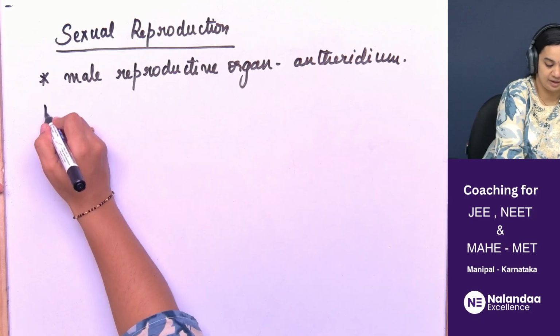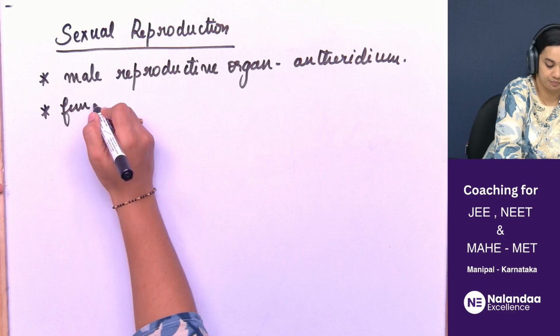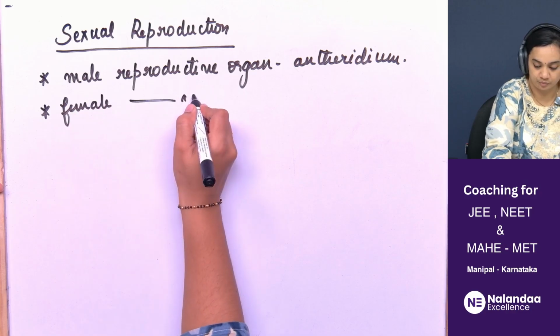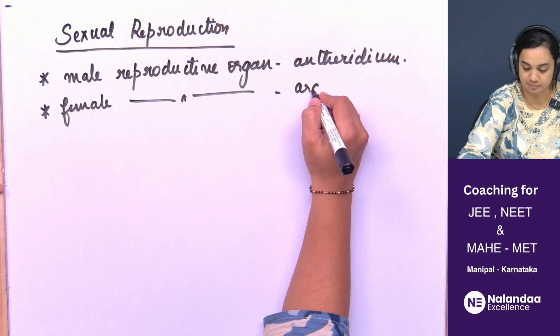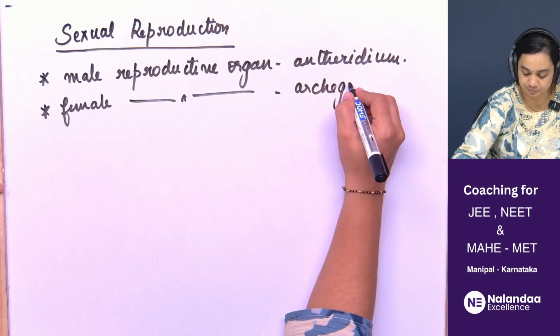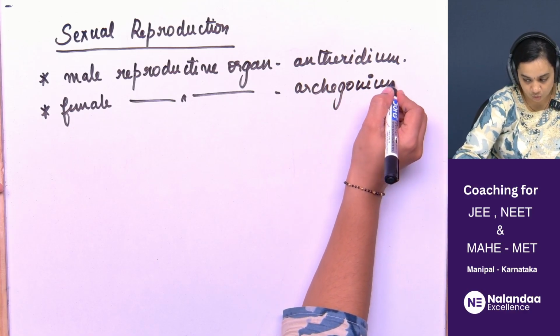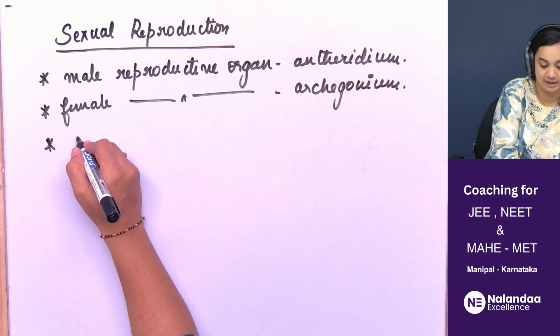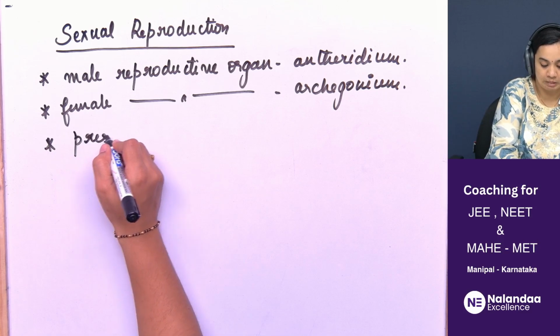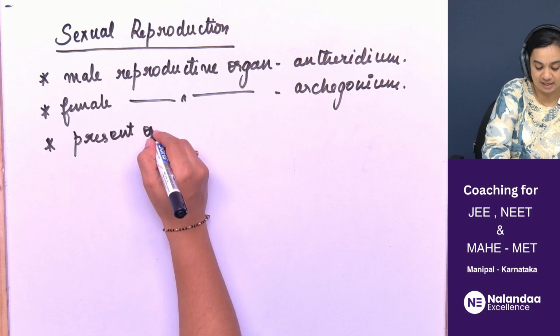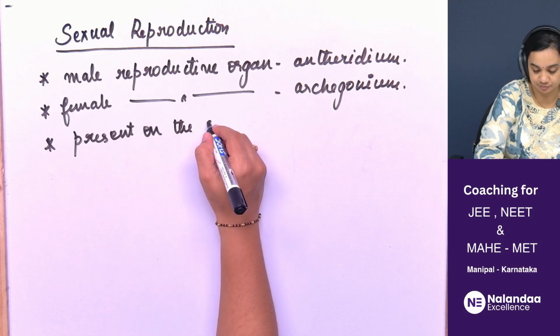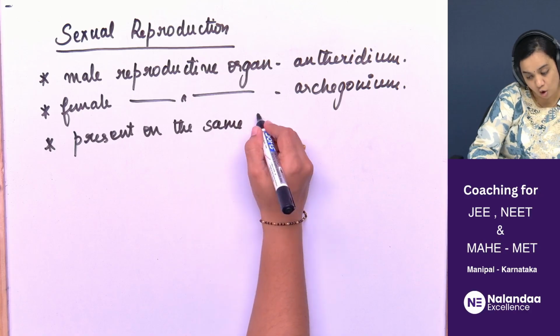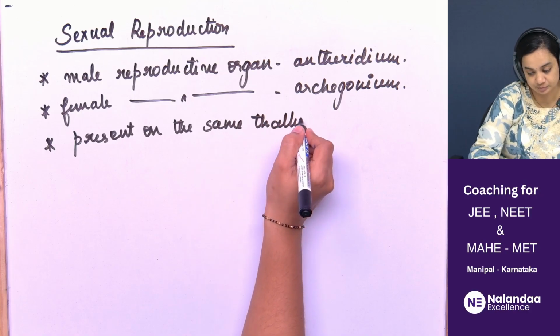And the female reproductive organ is archegonium. Now, these antheridia and archegonia can be present on the same thallus, or they can be present on different thalli.